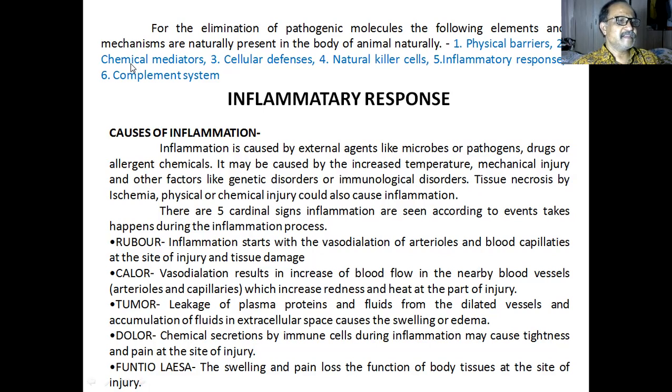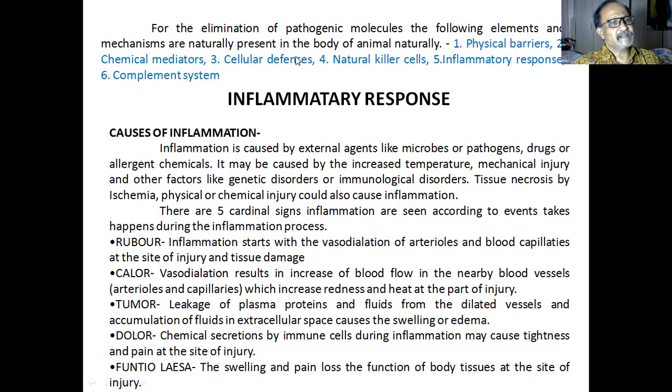The second are the chemical mediators. Certain chemicals, certain proteins are present in the body of the animal which fight against the pathogens, which are known as cytokines, interferons, etc. Then cellular defenses.